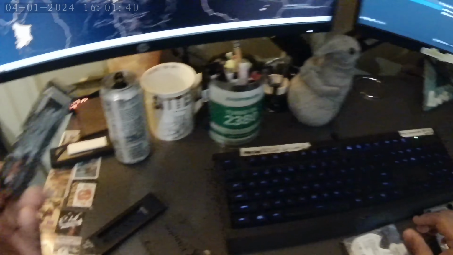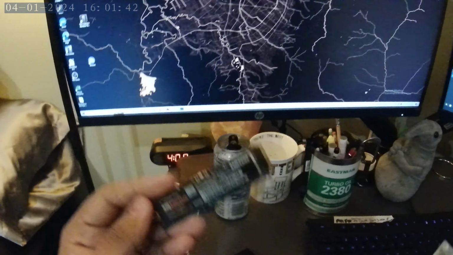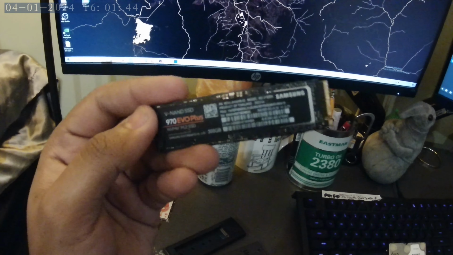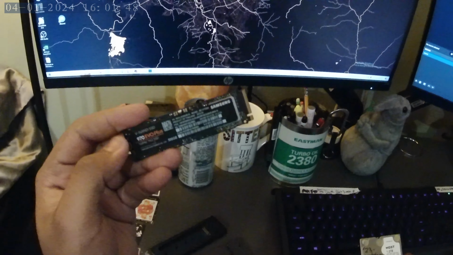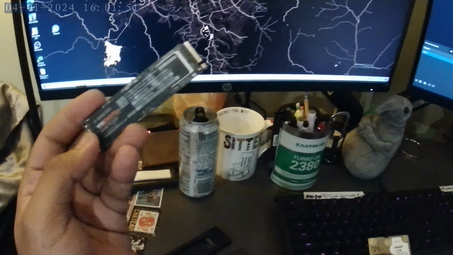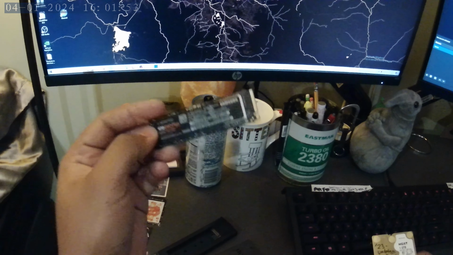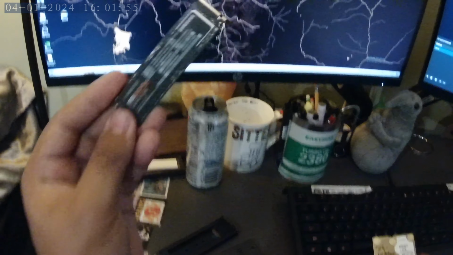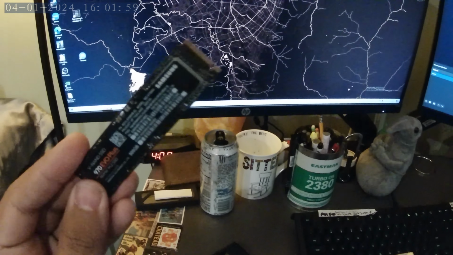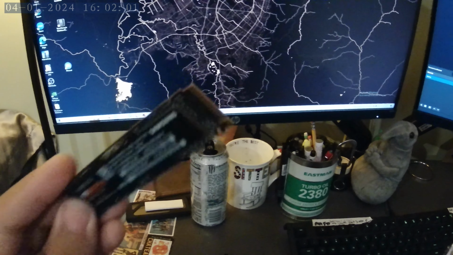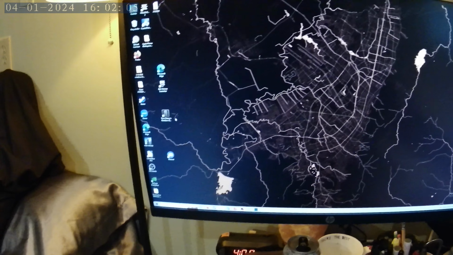Always check the reviews, and always check the forums for people who have done that kind of stuff and looked into all the struggles. In general, I would say that if you're building a gaming PC, you would like to have a high storage M.2 SSD, at least for your operating system, and at the very least for the games that you play the most. For example, let's look here.